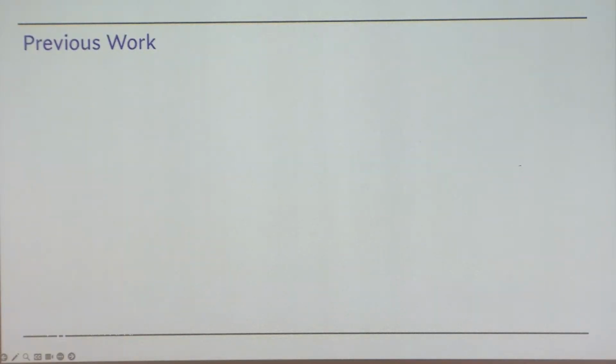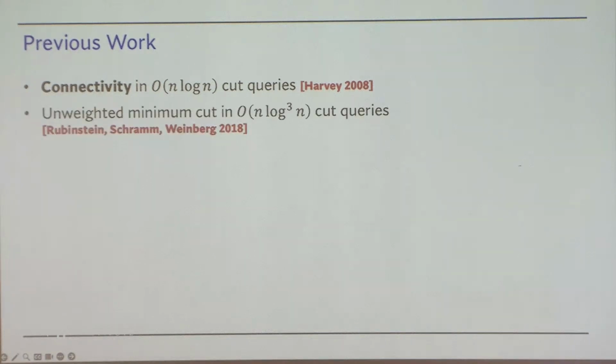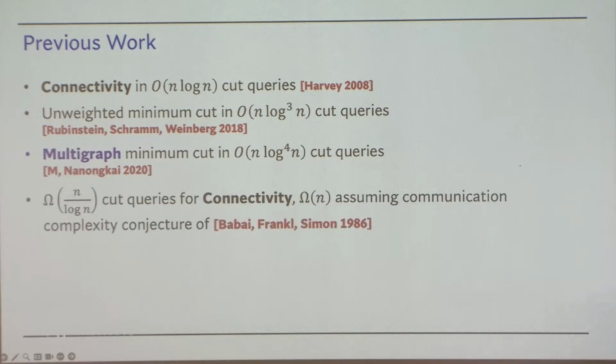Well, min cut might be such a problem, so let's look at the previous work. For graph connectivity, whether the graph is connected or not, there is an n log n upper bound. It's an old upper bound. And in the last 4 or 5 years, there are 2 results showing that the minimum cut itself can be computed in n polylog n cut queries.